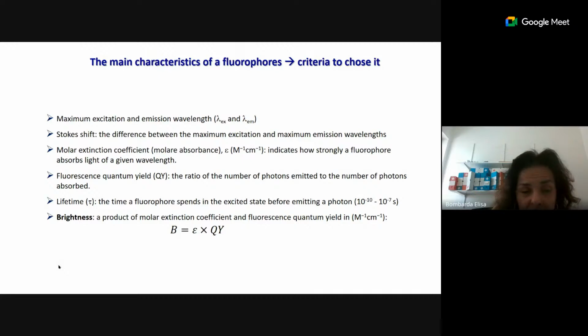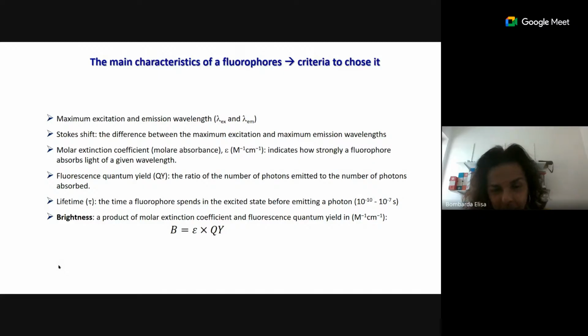The brightness is a parameter that is often used to characterize probes, and it combines the extinction coefficient and the quantum yield. So it's really a product of the extinction coefficient and the quantum yield, and therefore is a value that has the unit of the extinction coefficient, since the quantum yield is without unit.